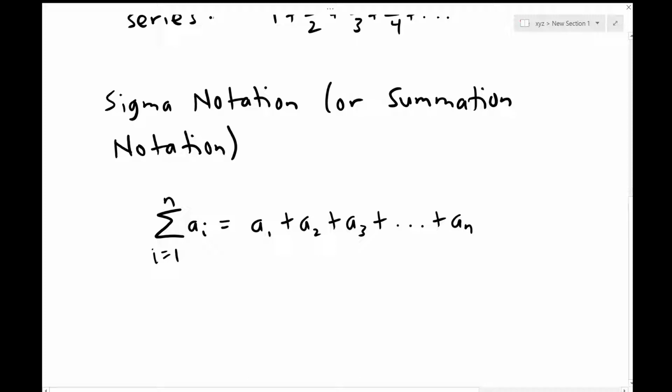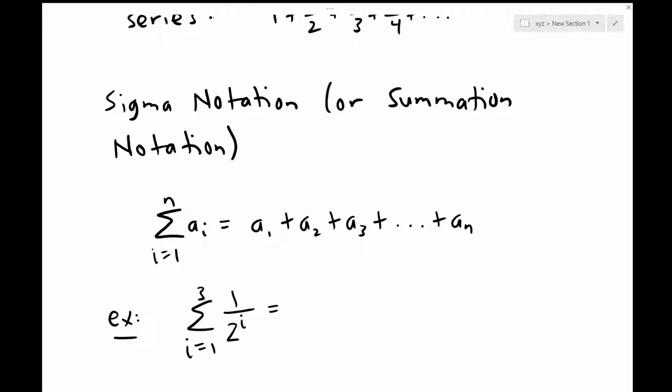So that's what the notation is and what it means, but let's try some examples to see how this actually works. So suppose we were going to take the sum, let's say as i goes from 1 to 3, of 1 over 2 raised to the power of i. So I know I'm taking a sum here, that's what the sigma indicates to me. So I'm going to be adding the numbers together.